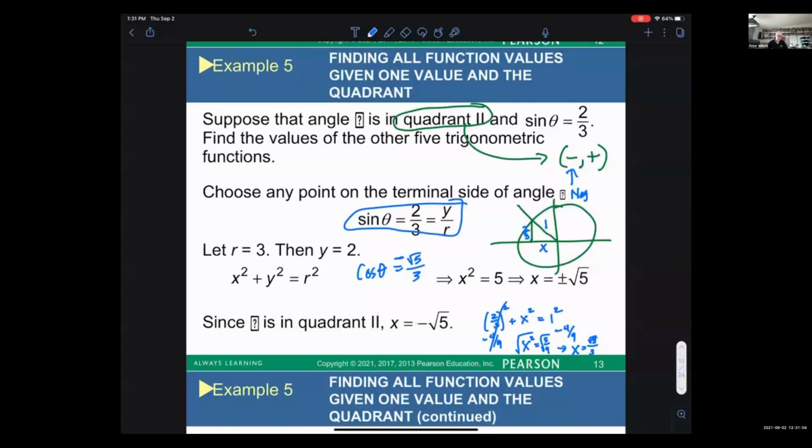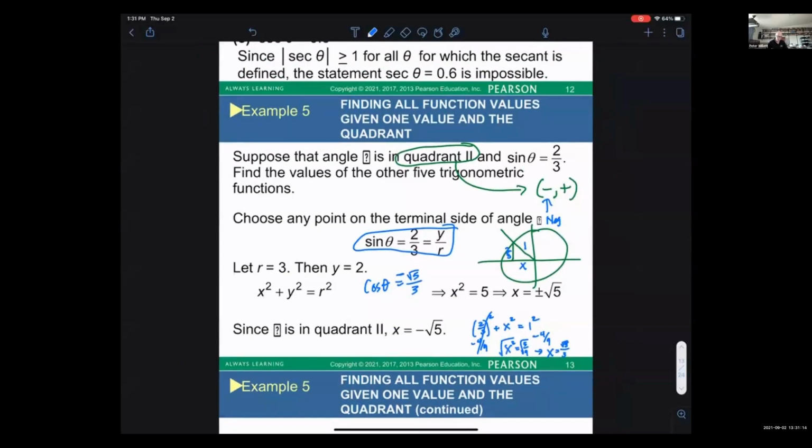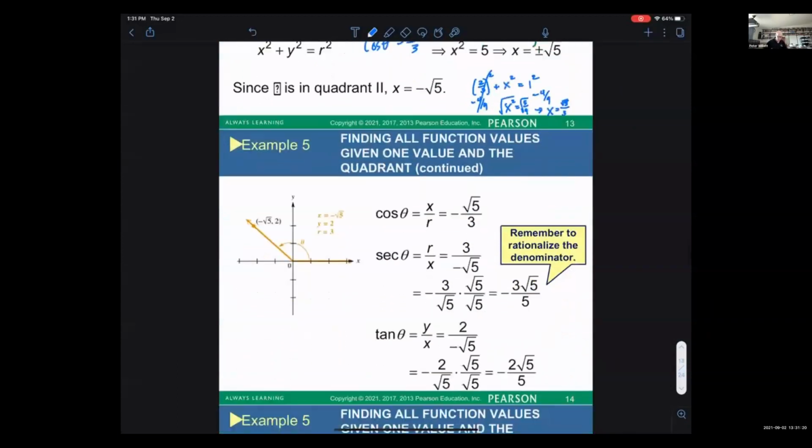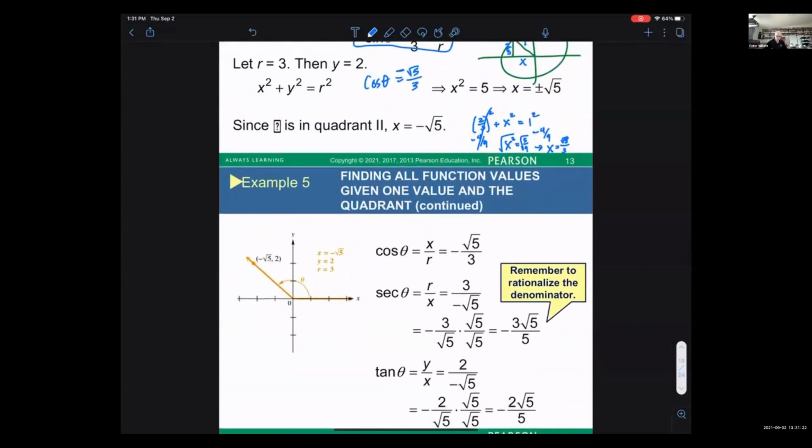So I'd have an x value of negative root 5 over 3. So that would be the cosine of that angle. And so they arrive at that here.